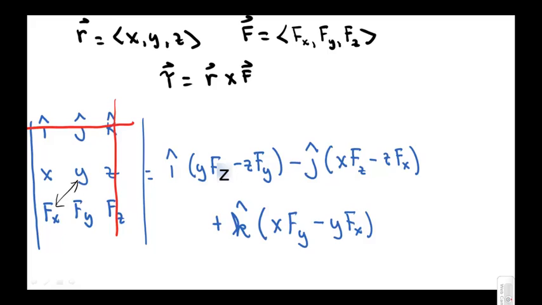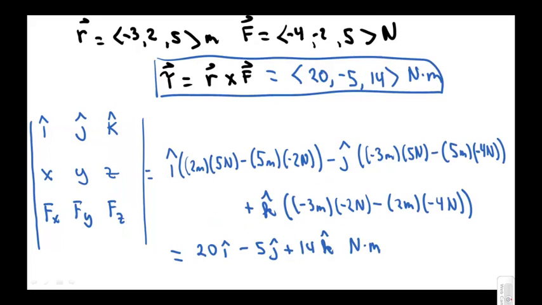And again, in this case, we multiply the component by plus k hat to obtain the final general result. Now we can insert the specific numerical values for our example, and we see we obtain the same result for the torque that we found earlier.